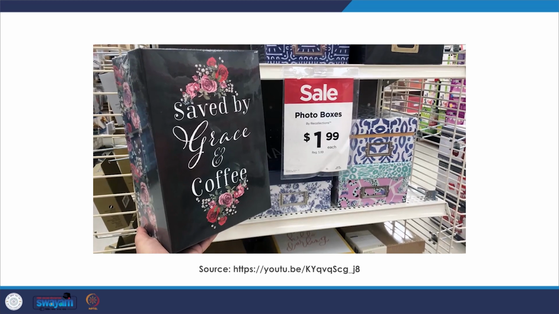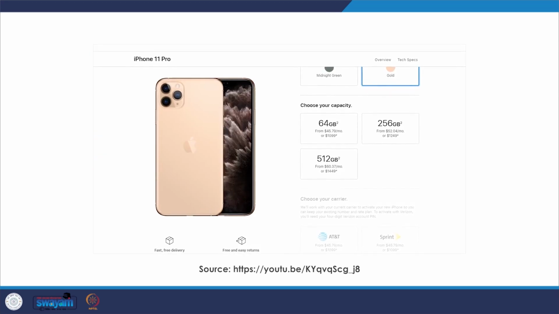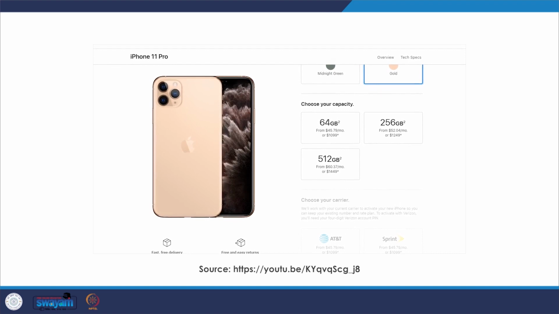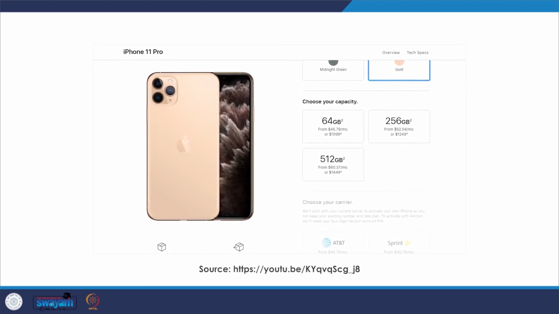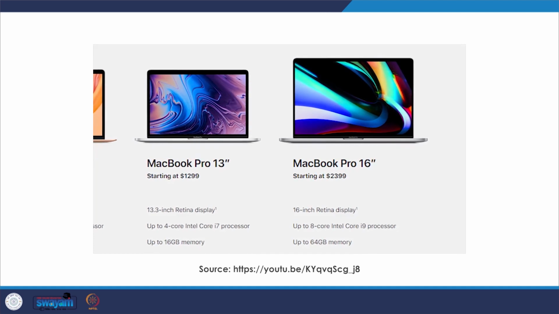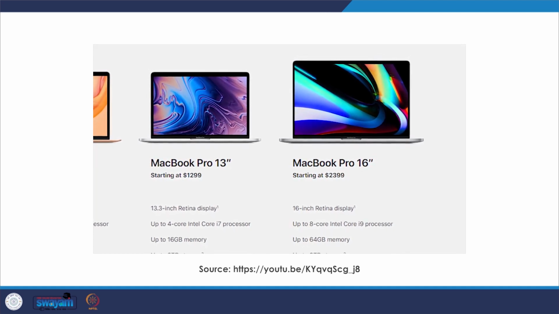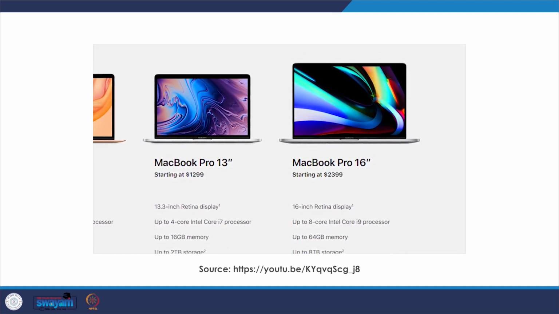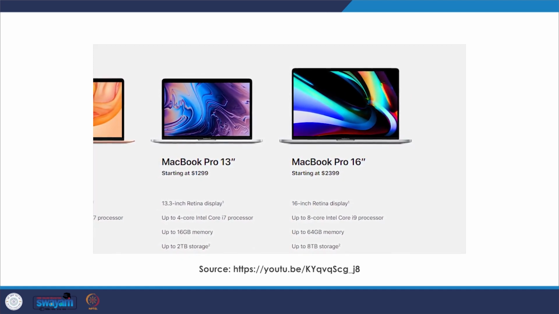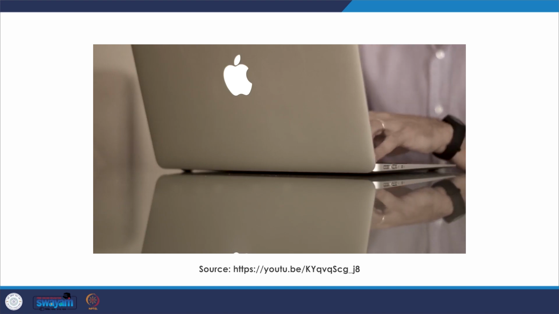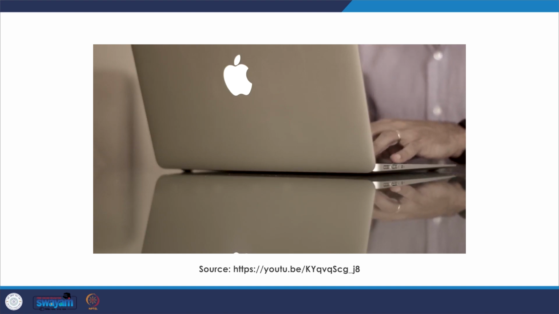Speaking of larger prices, you may have noticed that large prices generally don't have commas. This is designed to influence the way we group the numbers in a price. If there was a comma, we are more likely to read this number as $2,399. But without a comma, we are swayed to read it as $2,399. By associating smaller numbers with larger prices, companies make their products appear cheaper than they really are.